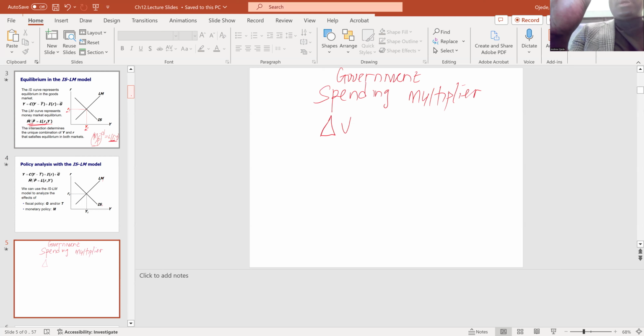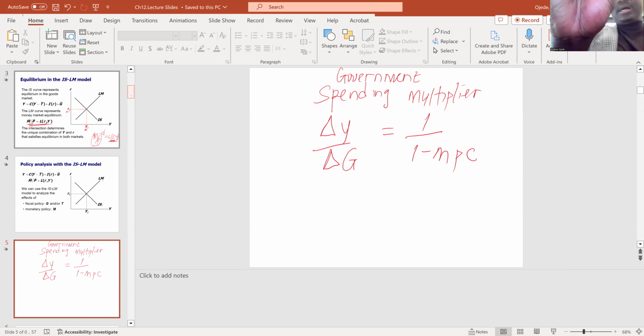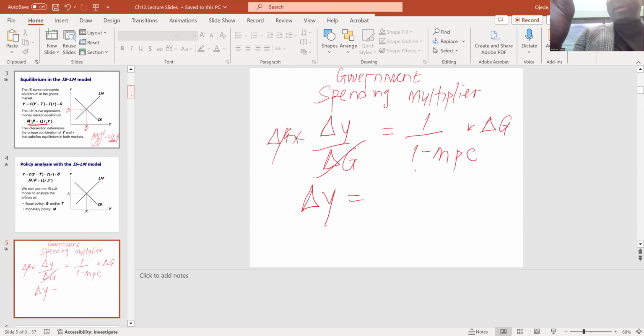We say change in Y divided by change in G is given as 1 over 1 minus MPC. If I cross multiply both sides by change in G, this cancels. That means output is going to change by 1 over 1 minus MPC times delta G.